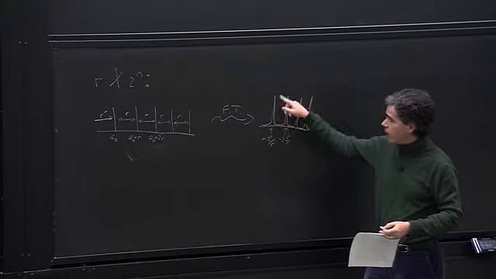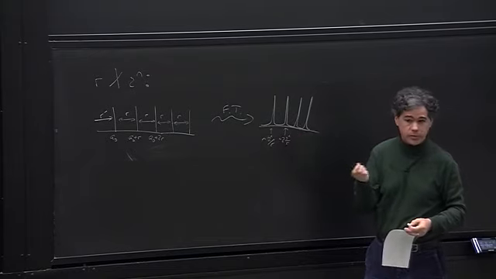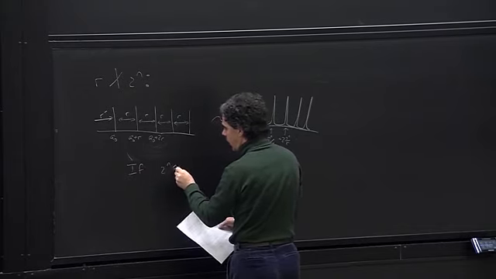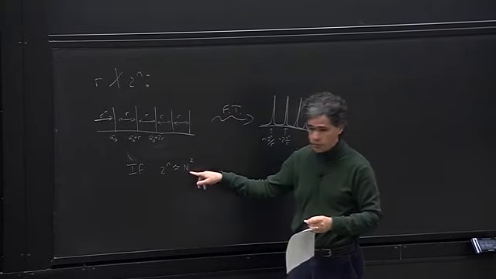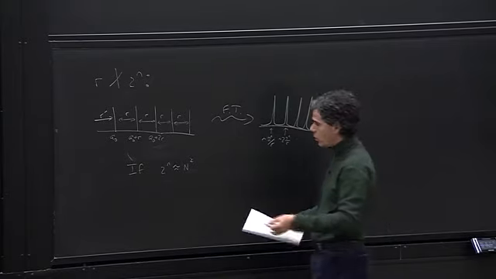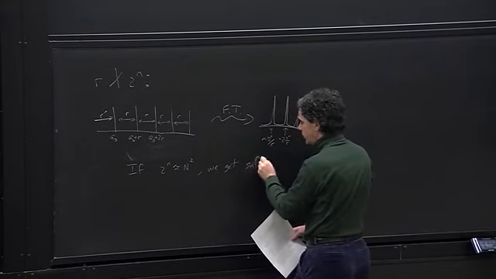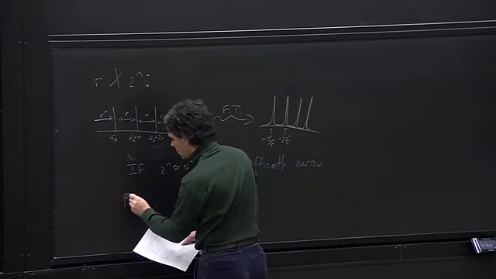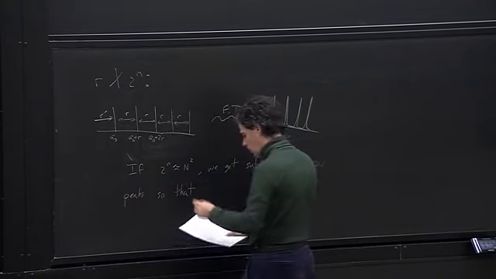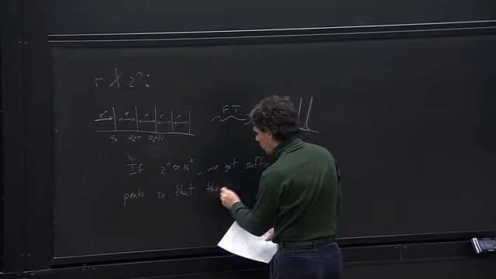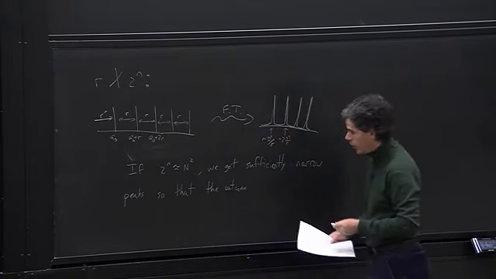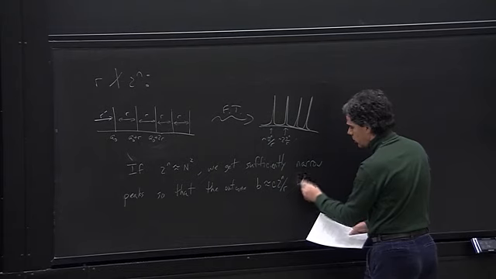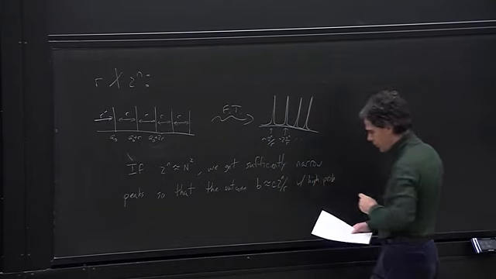And just how sharp and narrow these peaks are will depend on this little n relative to big N. It turns out that if we pick 2 to the little n to be roughly big N squared, so now little n is 2 log big N, we get sufficiently narrow peaks so that the measurement outcome at the end of the quantum part of the algorithm is going to be pretty close to some multiple of 2 to the n over r with sufficiently high probability.